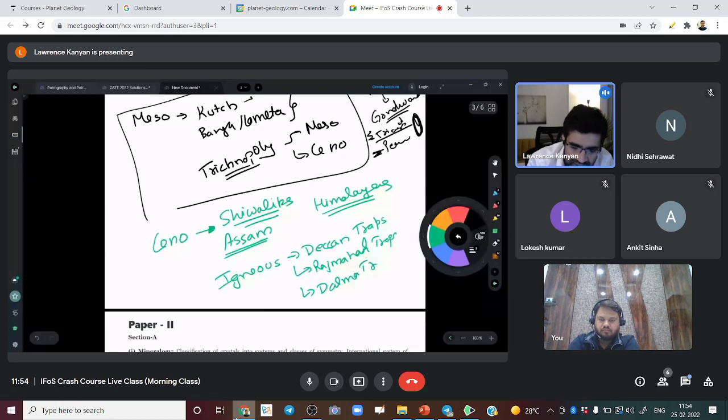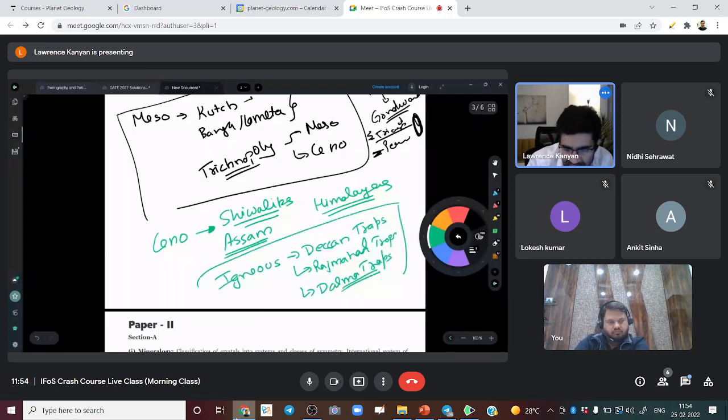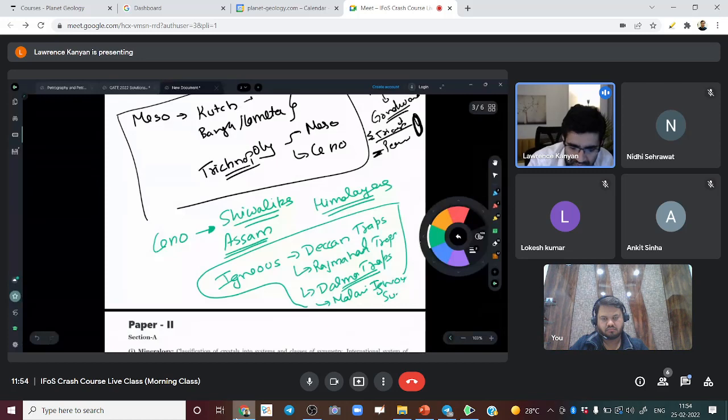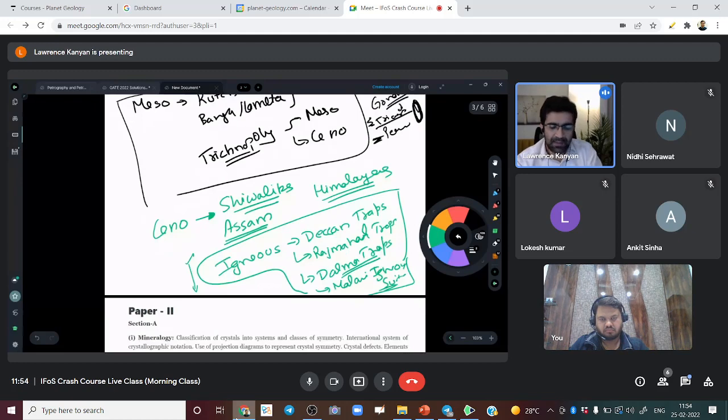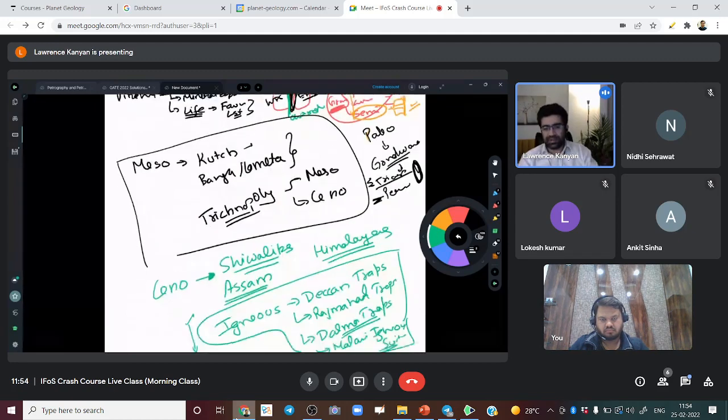If they ask you, it will be one of these questions. Sometimes they may also ask about the Malani igneous suite. Usually one question can come from this part. But I would still say if you cannot go through these, at least study the Deccan traps.